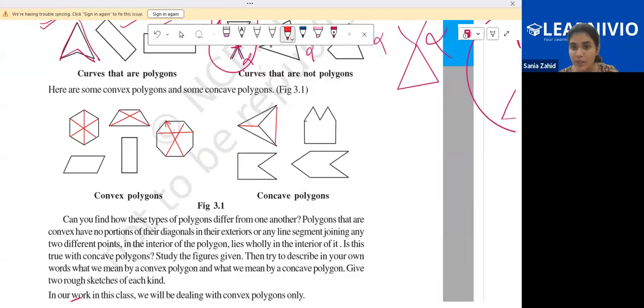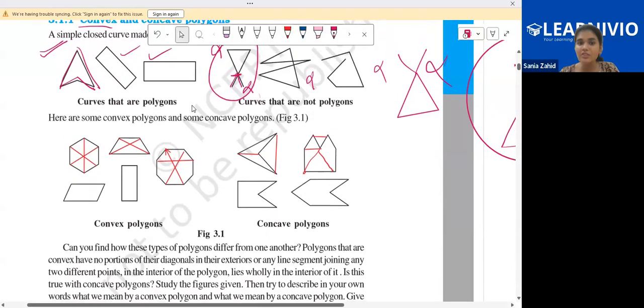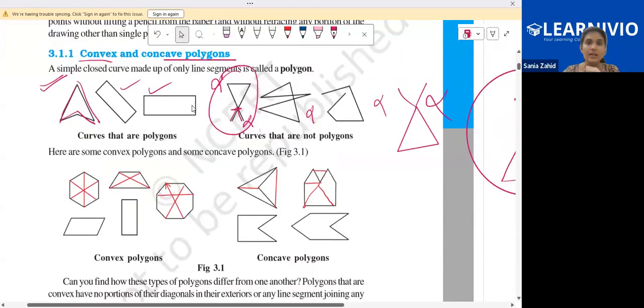Here you're getting internal line, internal line, internal line, but we have one external line also. So if any of the diagonals is external to the figure, that's called a concave polygon, right? You understand the difference between convex and concave? Yes, ma'am.